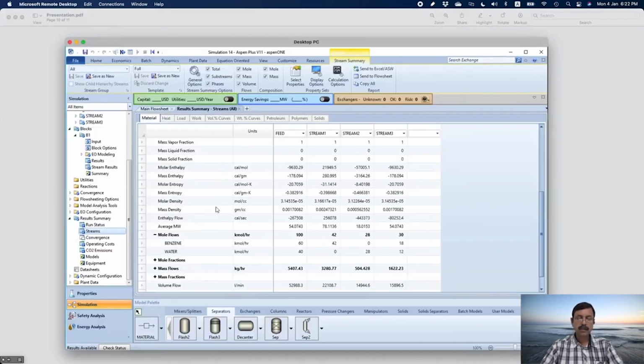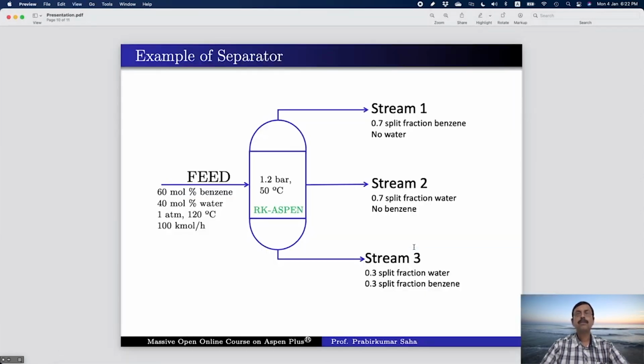So 30% of 60 will be 18, 30% of 40 will be 12. So this is the composition of stream 3. So that is how we can operate a separator.